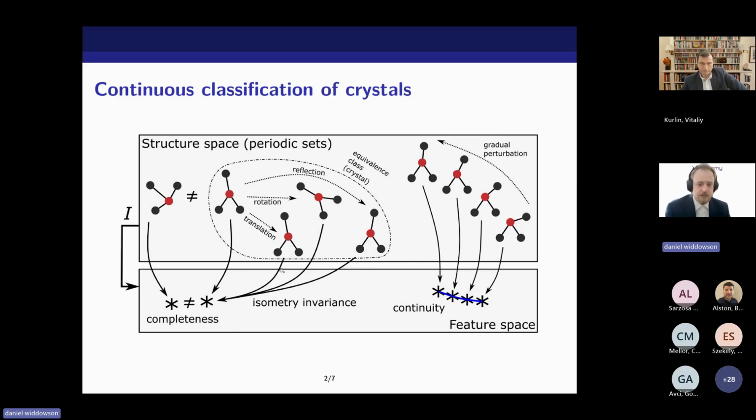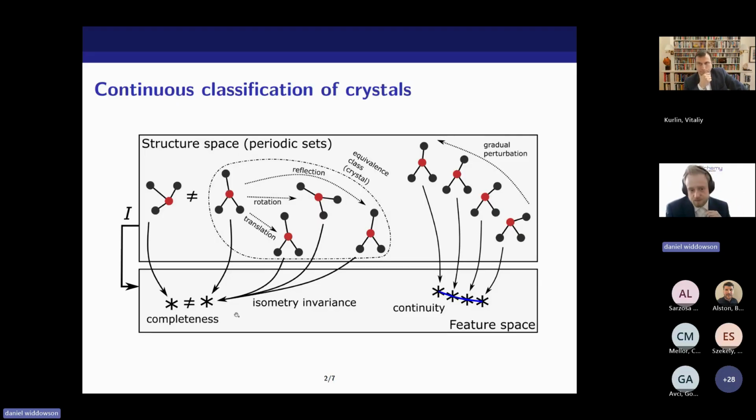So what we're seeing here is in this map I've called I for invariant. All these things which are equivalent to each other with an isometry are mapping to the same place in the output at the bottom. So what we're trying to do is take these crystals and map them to a simpler mathematical space.